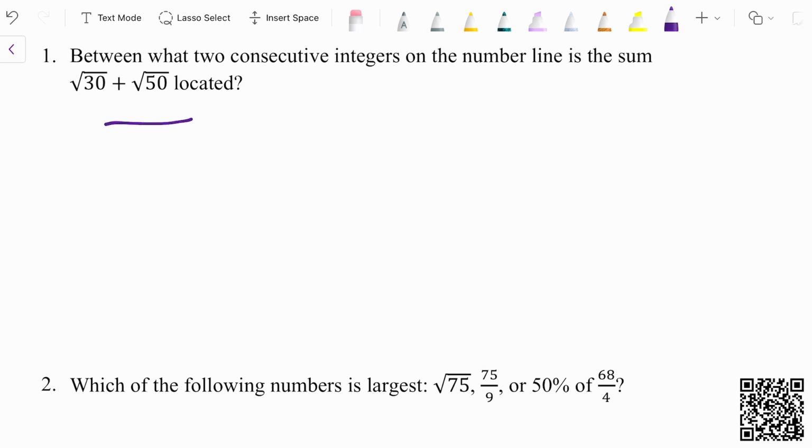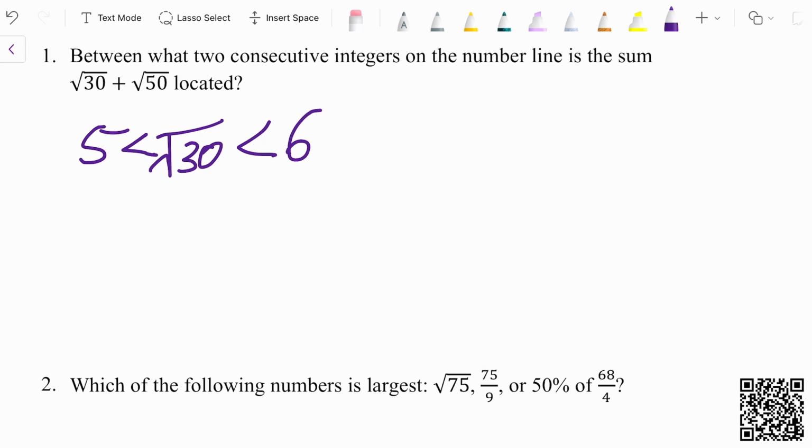Let's start with the square root of 30. It's obviously greater than 5, because 5 squared is 25. But it's also less than 6, because 6 squared is 36. The square root of 50 works the same way.